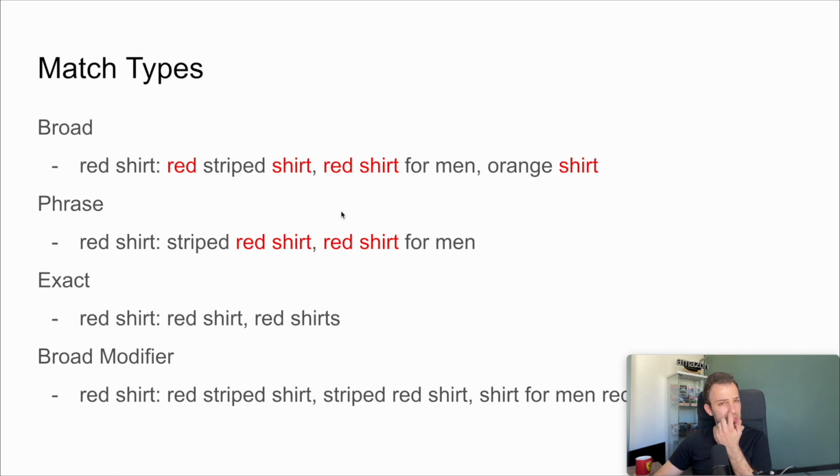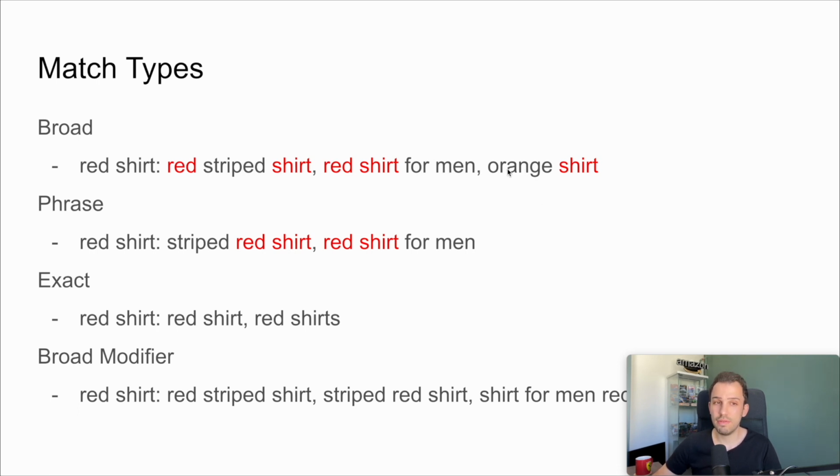So first of all, let's start with the current match types we have in Amazon, and basically I'll just go with the basic ones. It is broad, phrase, and exact, and I will come back to the broad modifier right after this one. So with the broad one, let's say that we are targeting red shirt, right? What we are going to see from the search term report is that this broad match keyword can end up being red striped shirt, red shirt for women, for men, or whatever, doesn't matter.